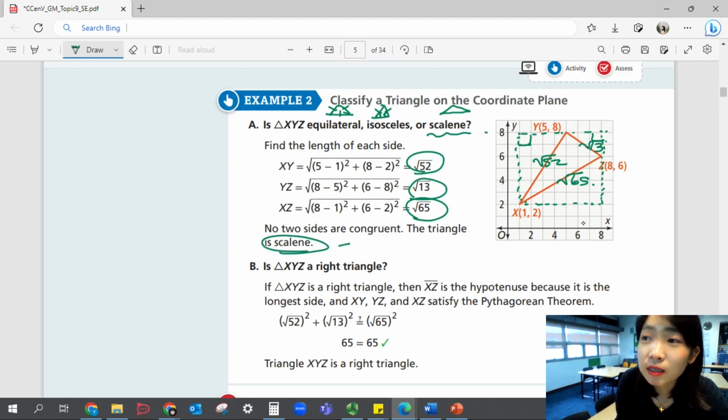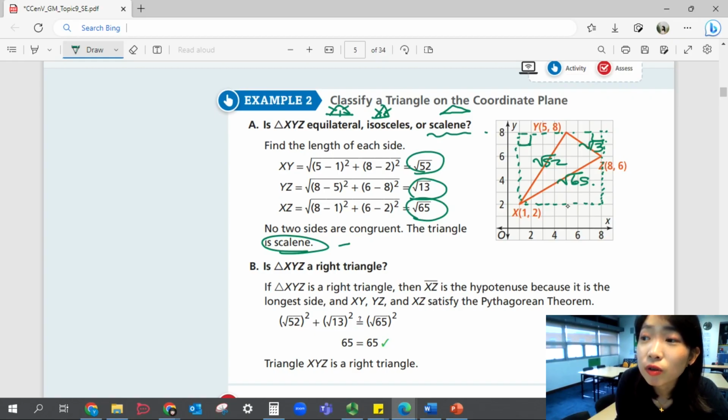So part B: is triangle XYZ a right triangle? If triangle XYZ is a right triangle, then we have to be able to figure out a right angle, right? Then XZ is the hypotenuse because it's the longest side. And by definition, the hypotenuse is the longest side of a right triangle.